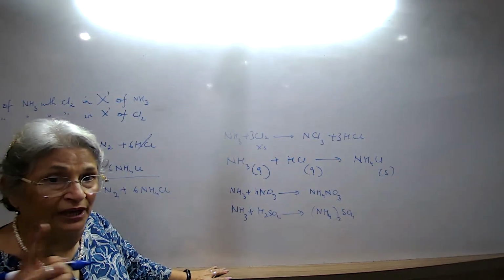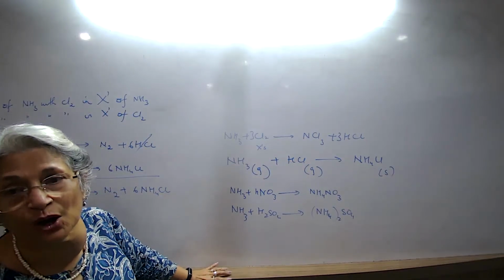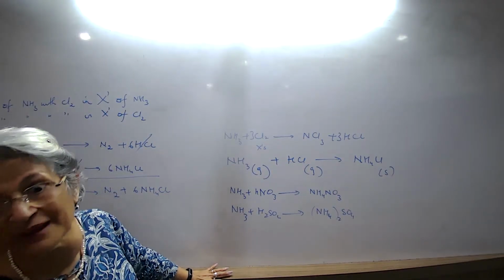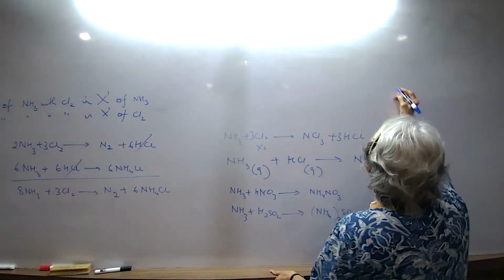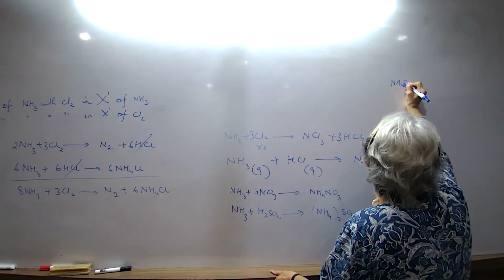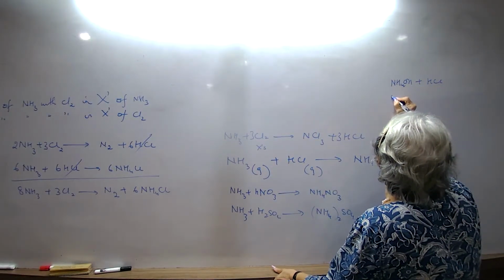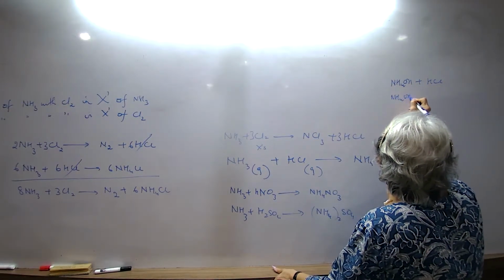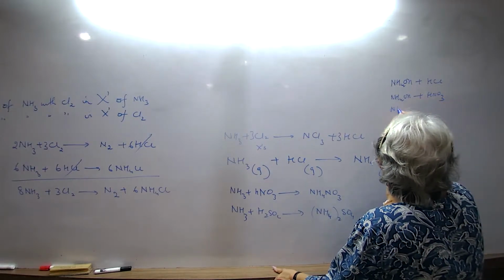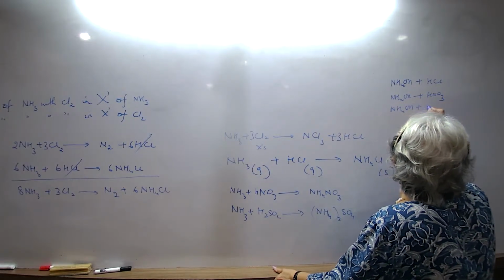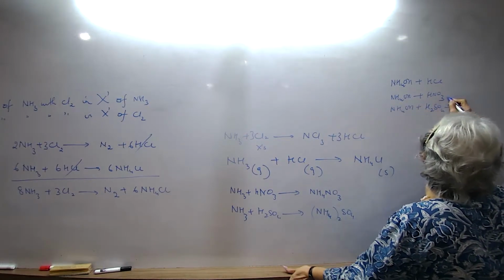Now, if you are using liquid ammonia, that will be ammonia plus water, ammonium hydroxide. You're getting something different. If you take ammonium hydroxide plus HCl, HNO3, or sulfuric acid, you're going to get water.